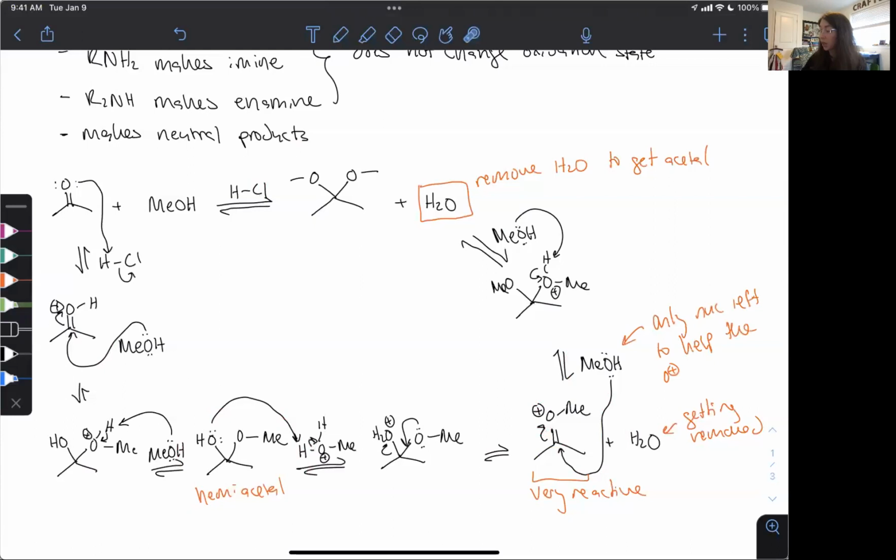So it's really taking advantage of Le Chatelier's principle here, where we take this away, this is still really reactive, and we're going to start to go towards that final acetal product, okay?